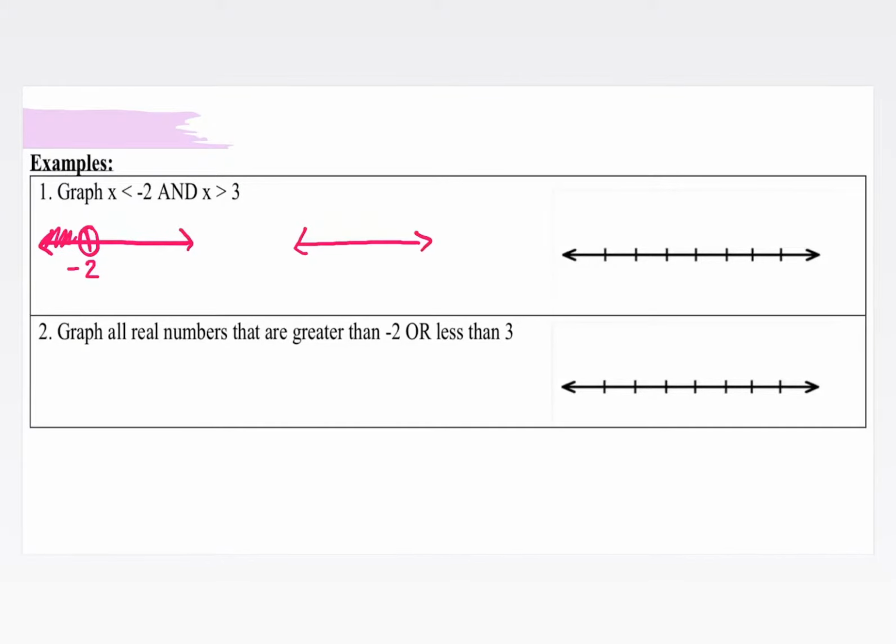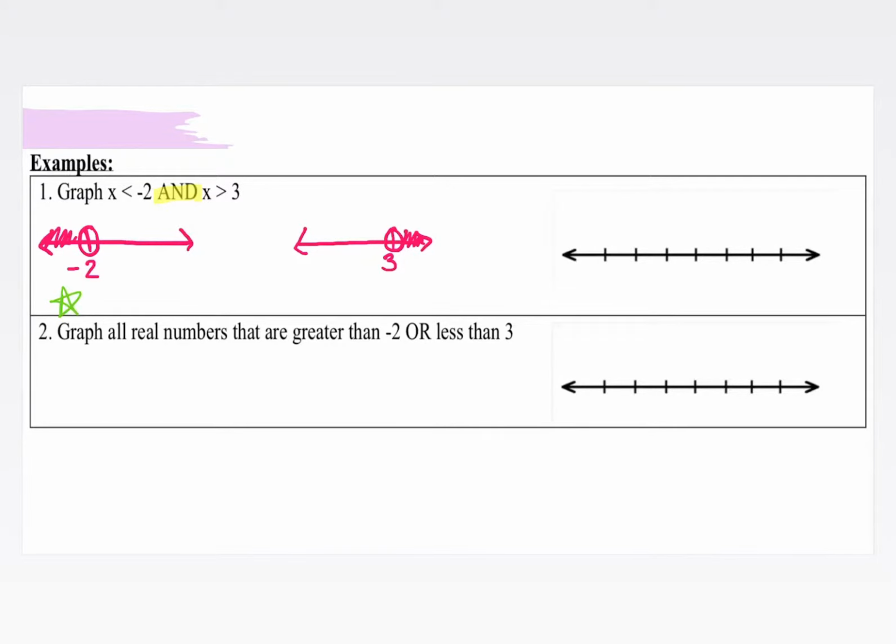For x is greater than 3, again, open circle, but we're going to shade all the values that are bigger than 3. Okay, if we think back to our inequality though, this is and, so it needs to satisfy both inequalities. Can you think of a number that is both less than -2 and bigger than 3?